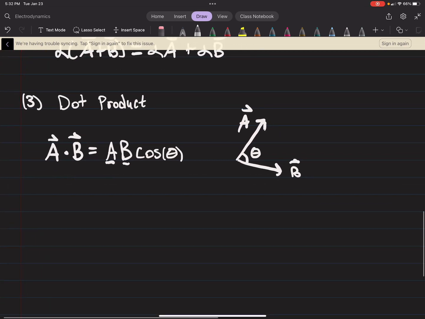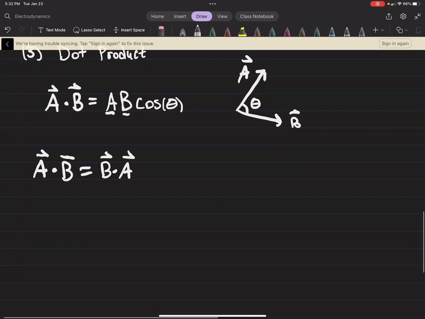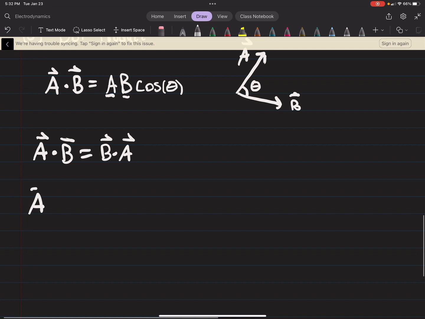Now, just like before, when we were talking about adding vectors, multiplying vectors through a dot product is commutative. So A dot B is equal to B dot A. And you can also, if you have vector A and you dot that with the addition of two vectors, distribute.